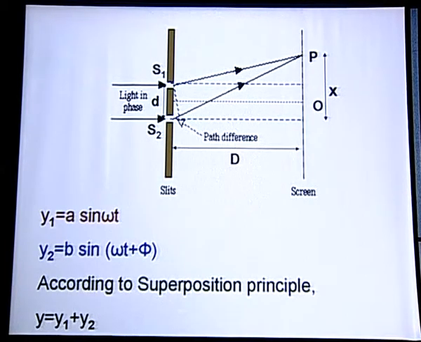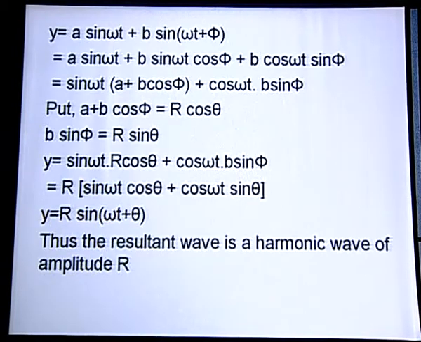Now, you know the superposition principle. Here we are taking two waves, and they are going to superimpose. When they superimpose, the resultant displacement is given by y equals y1 plus y2. Clear? Now substitute the values: y1 is equal to a sin omega t, and y2 is equal to b sin(omega t plus phi).